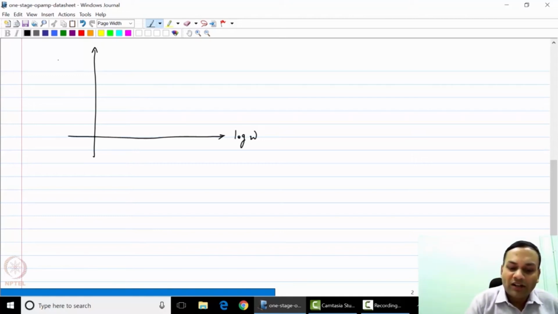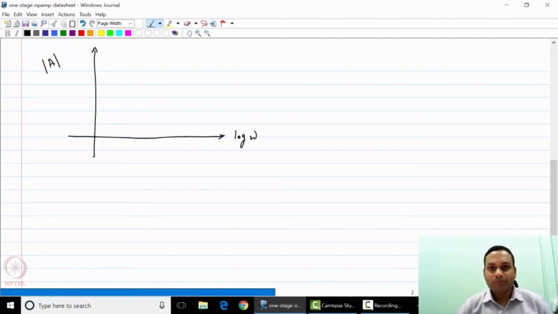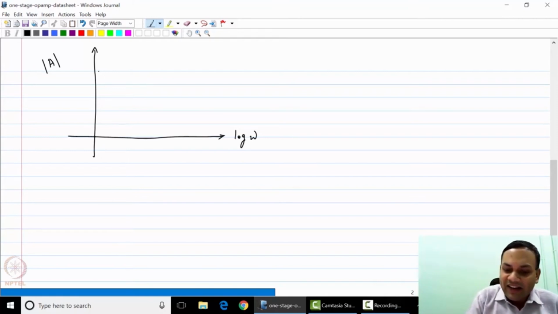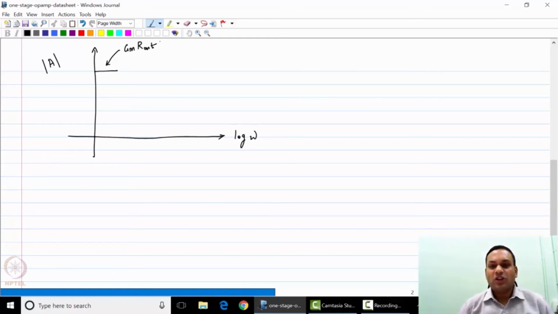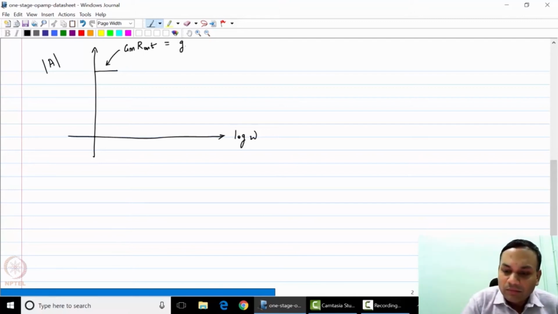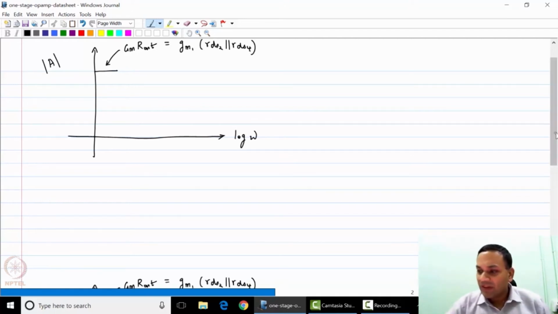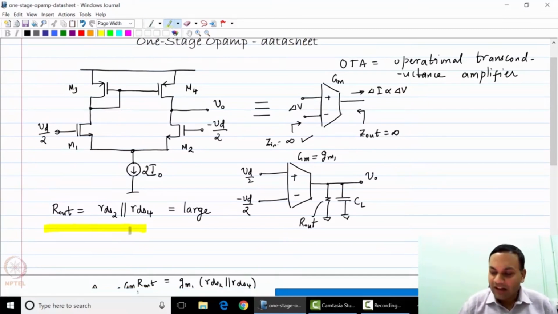So if I were to plot the magnitude of the gain of the op-amp, at very low frequencies, the gain of the op-amp is clearly Gm times R out, which of course is Gm1 into RDS2 parallel RDS4, because R out is RDS2 parallel RDS4 and Gm is equal to Gm1.